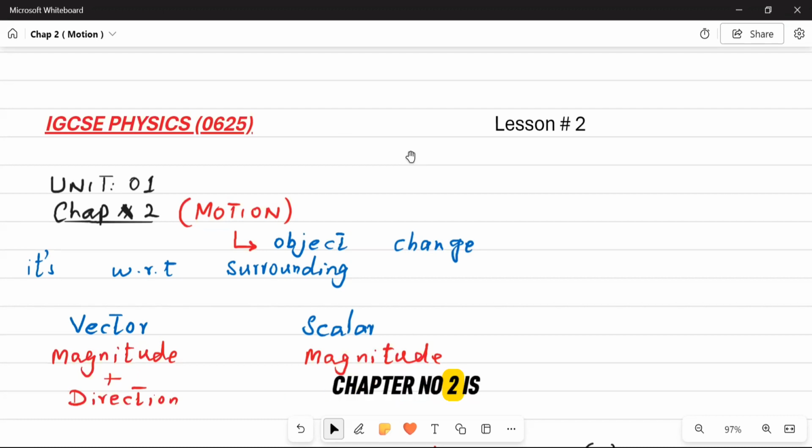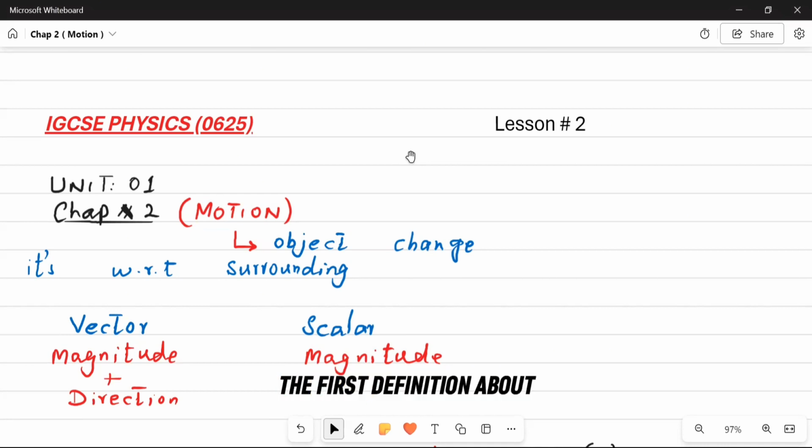So chapter number 2 belongs to kinematics. In this chapter we will discuss only distance, speed, velocity, acceleration, speed time graphs and distance time graphs. So let's start our lesson.